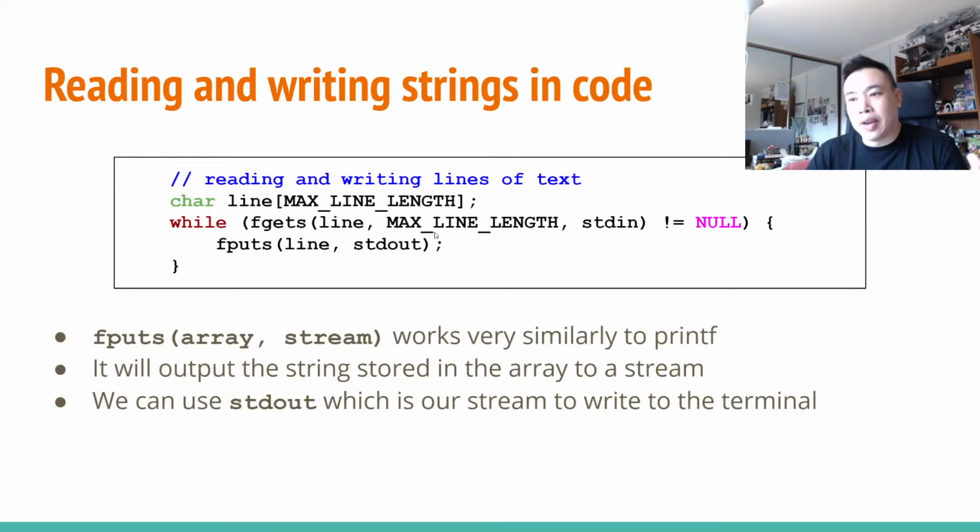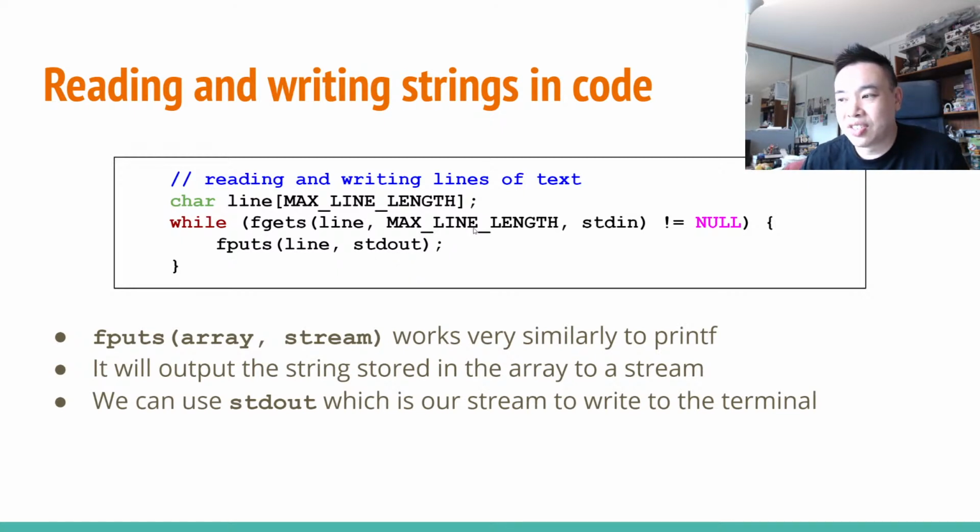So we can do something like fgets, and this is an example of something that will read a line of text and then write it back out. So it's not that different. So fputs is the opposite of fgets. So we're using these stream names. Standard in is the stream of us typing stuff in the terminal. Standard out is the stuff that displays stuff to the terminal.